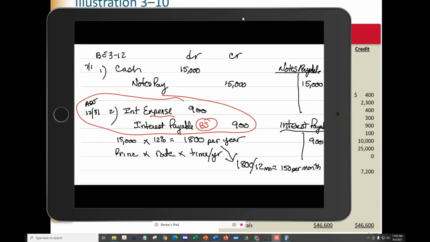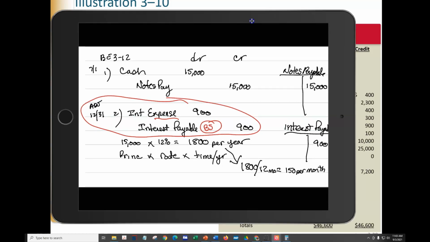So, furthermore, every single adjusting entry will either be a debit to an expense or a credit to a revenue, and the other account in that entry will be a balance sheet account. It will never be cash. You cannot have a cash in an adjusting entry because adjusting entries are to account for the fact that you're not on a cash basis. So, if you remember that as you do adjusting entries, they'll be a bit easier.